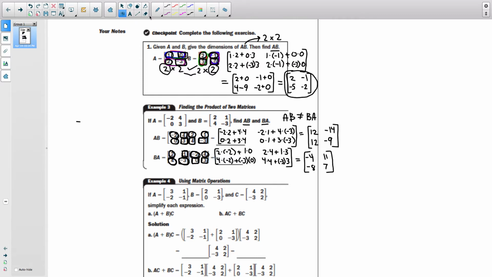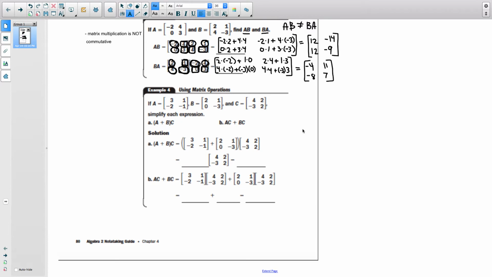I'm just going to type that on the side. So you can just put that as a little note on the side. Matrix multiplication is not commutative.